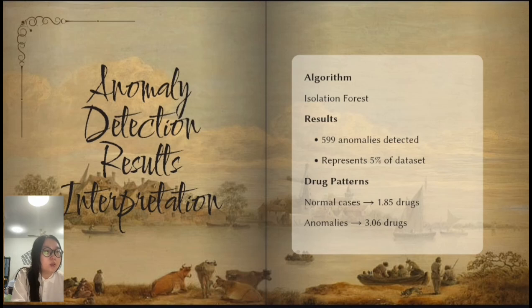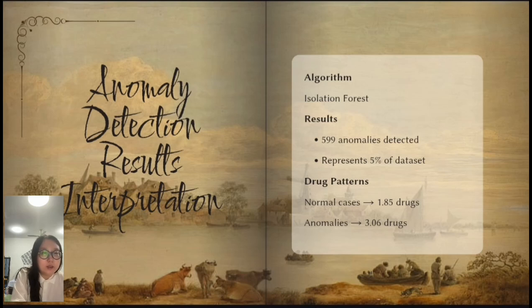Isolation forest is specially designed to detect anomalies in large datasets. It works by randomly splitting the data and isolating observations that behave very differently from the majority of the dataset.